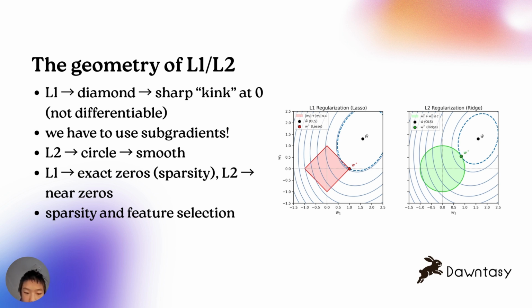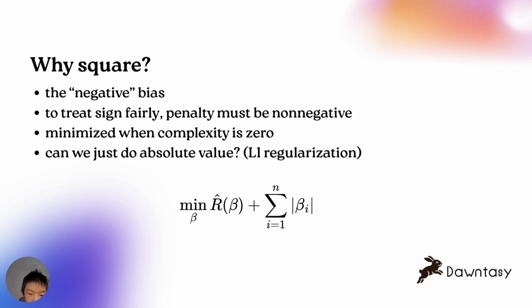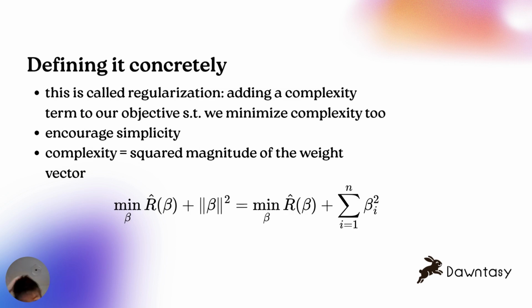But the problem with this is at zero, if the magnitude was 0, there's a sharp kink because the absolute value function is not differentiable at 0. Thus, we have to use subgradient methods, which I'll discuss in a future video, in order to make this differentiable in practice.